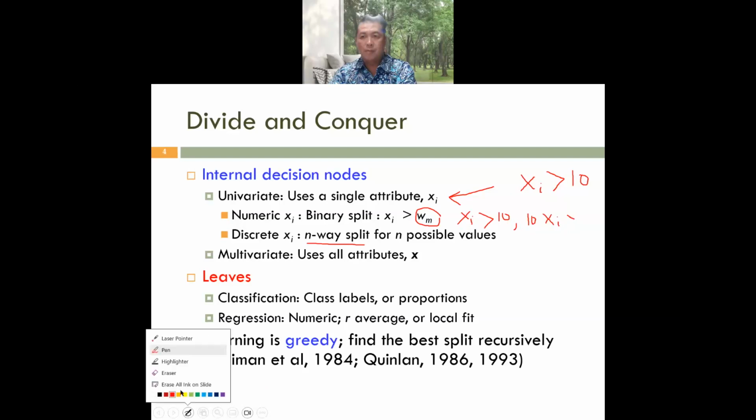Let me erase that one, because we could split them into a few.